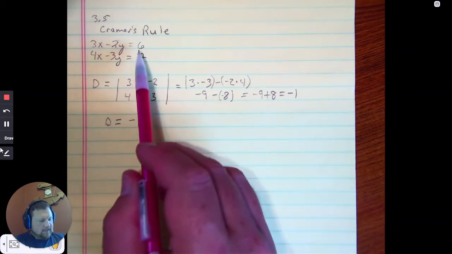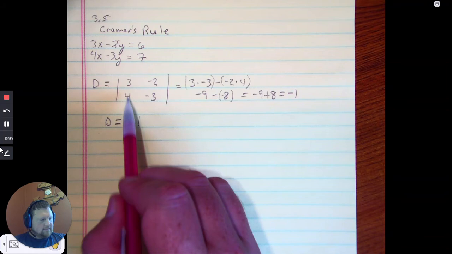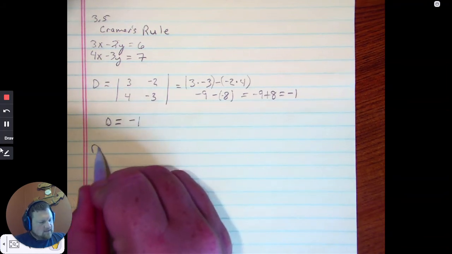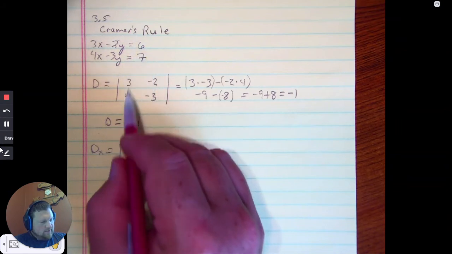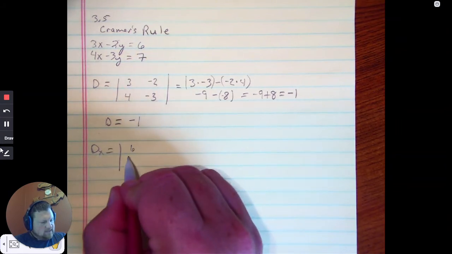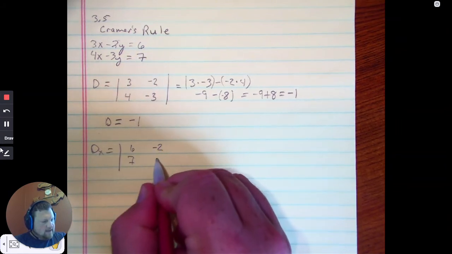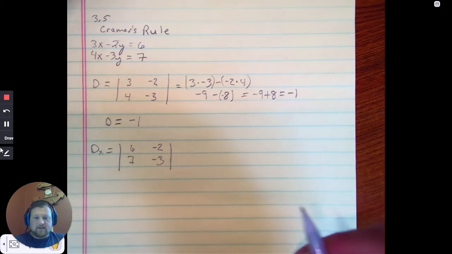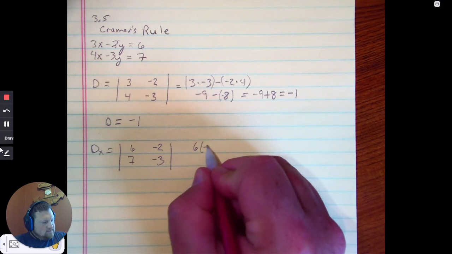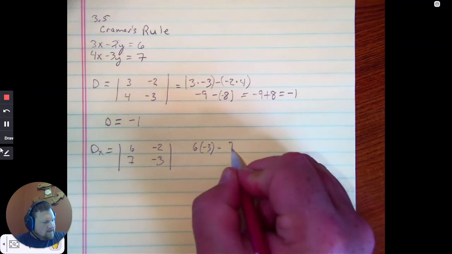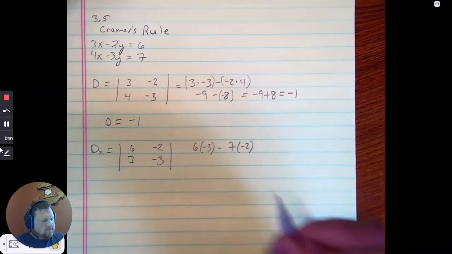The way that I'm going to do that is I'm going to replace the first column to find d of x, the determinant of the x. So I'm going to take this column and replace my x values with 6 and 7, and then -2 and -3, and again we're going to find the determinant. So 6 times -3 minus 7 times -2.